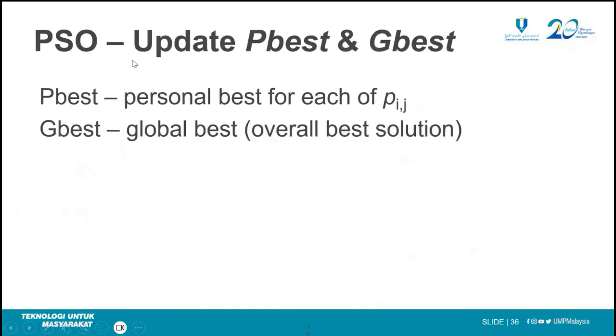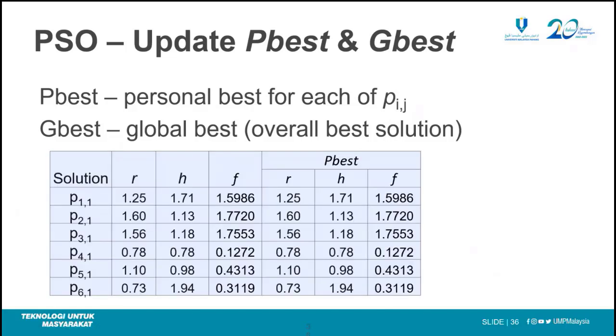The next step, PSO will update P best and G best. P best is the personal best for each solution, and global best is the overall best solution. For P best, since this is the first iteration, there is no history of earlier iterations.